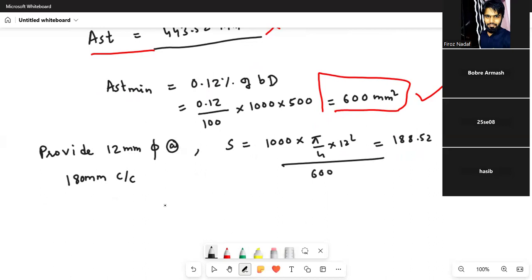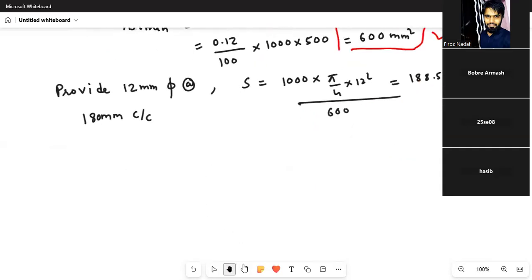Now the next step is very important, and it requires the use of the IRC code. The next step here is I'll give you the formula and I will also give you the page number where to refer in IRC 112.